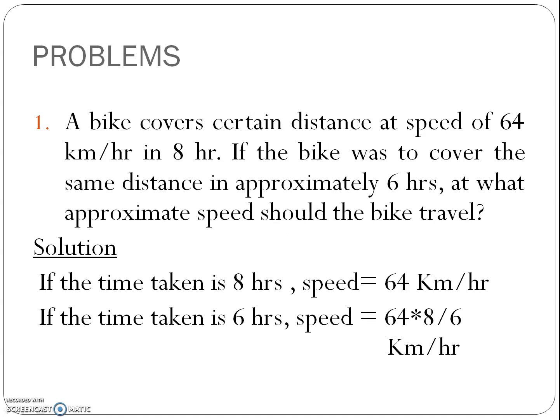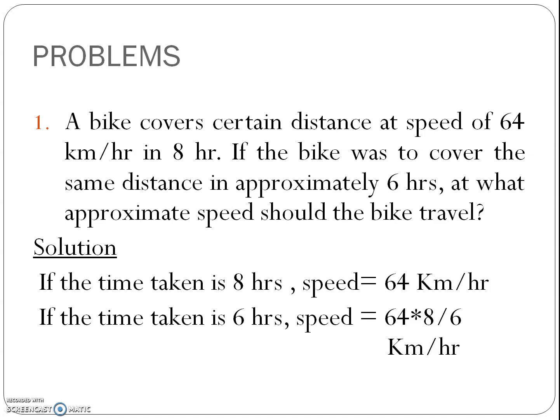One, a bike covers a certain distance at a speed of 64 kilometers per hour in 8 hours. If the bike was to cover the same distance in approximately 6 hours, at what approximate speed should the bike travel? From the given data, when the time taken is 8 hours, the speed is 64 kilometers per hour. We have to find out the speed when the time taken is 6 hours.